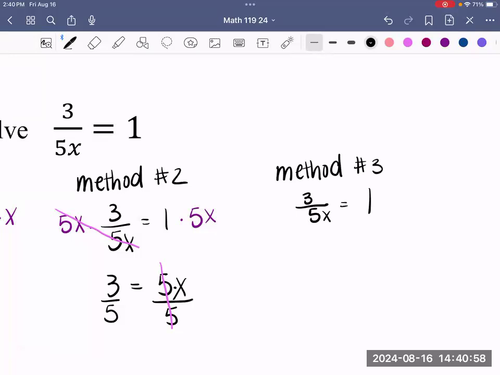Another way, instead of multiplying things out, is to get a common denominator. So for example, this one has a denominator of 1. What common denominator could we have? Well, if we have a denominator of 5x, that would allow it to have an equal denominator. From here, we talked about solving back in chapter 1.8, and again in 1.6 and 1.4.